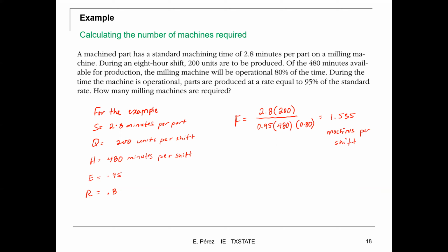As you can see, this is a fractional number. So if you're planning for the number of machines and you get a fractional number, the rule of thumb is to go to the next integer value. So the answer is going to be 2 in this case, because we cannot have 1.535 machines.